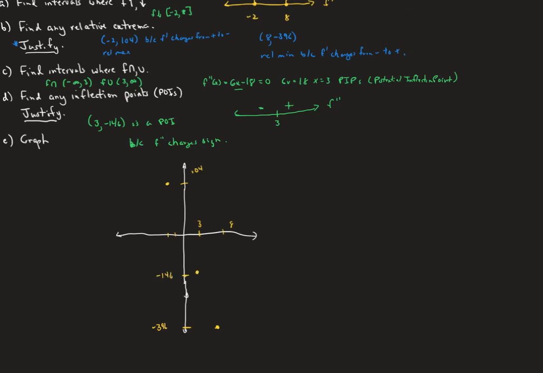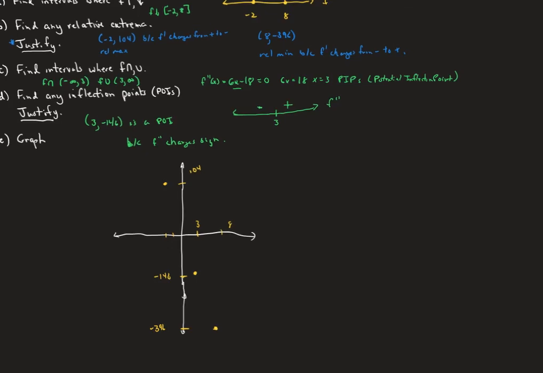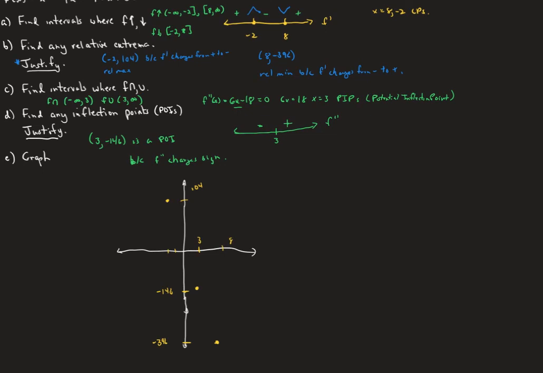Okay, now we can connect this, and I'm going to slide this down a little bit. We can see that our first derivative is positive to the left of -2, and our second derivative is negative, so it's going to be increasing and concave down until we get to that relative maximum.